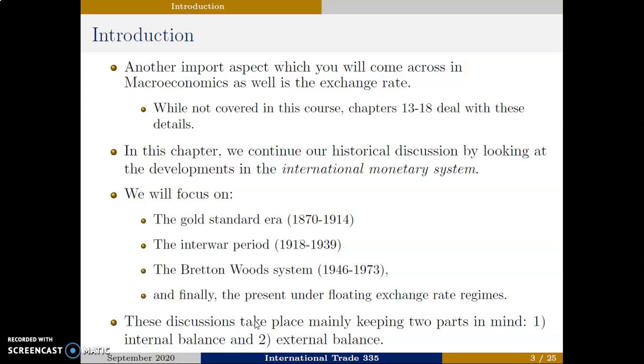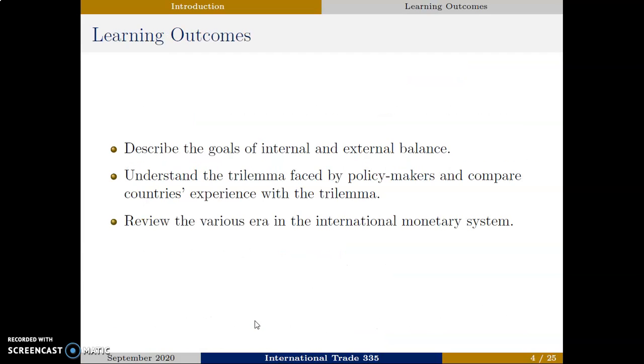While we discuss these eras, there are two aspects of macroeconomics that should be kept in mind: internal versus external balance. Before we start our discussion of the eras, we will define what is meant by each of these. There are 3 learning outcomes for this week. First, as you know, you will be writing more this term than in the first term.